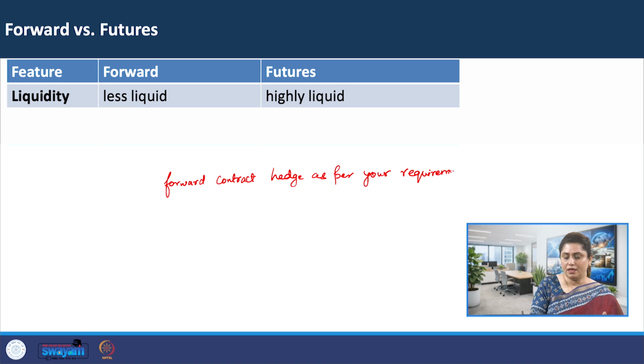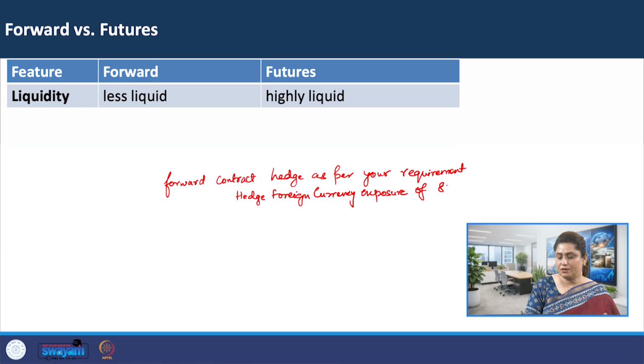For example, suppose you have to hedge a foreign currency exposure of $83,750 after 27 days. This can be easily done by the forward contract.